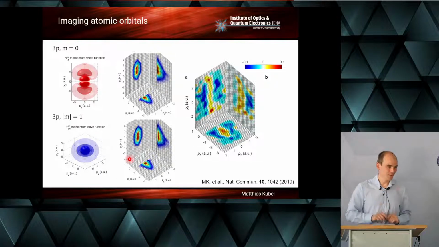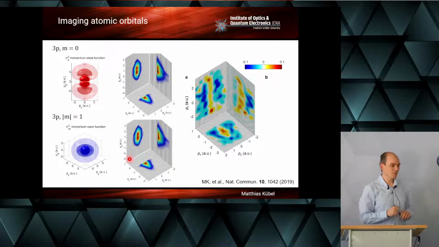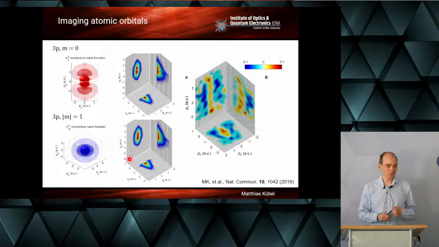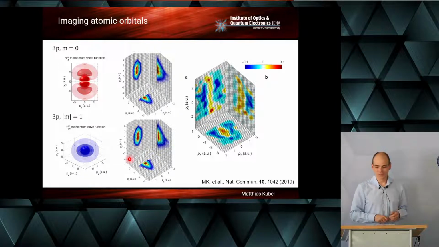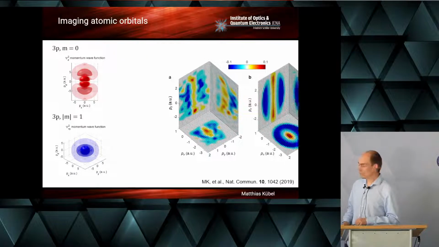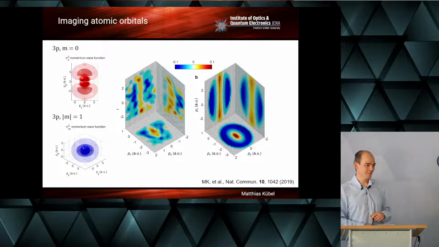If you do this differential analysis of your measurement, then you can actually retrieve the impact of these different orbital wave functions. And that can be compared to theory. The theory, of course, looks nicer, but that's just how it is.